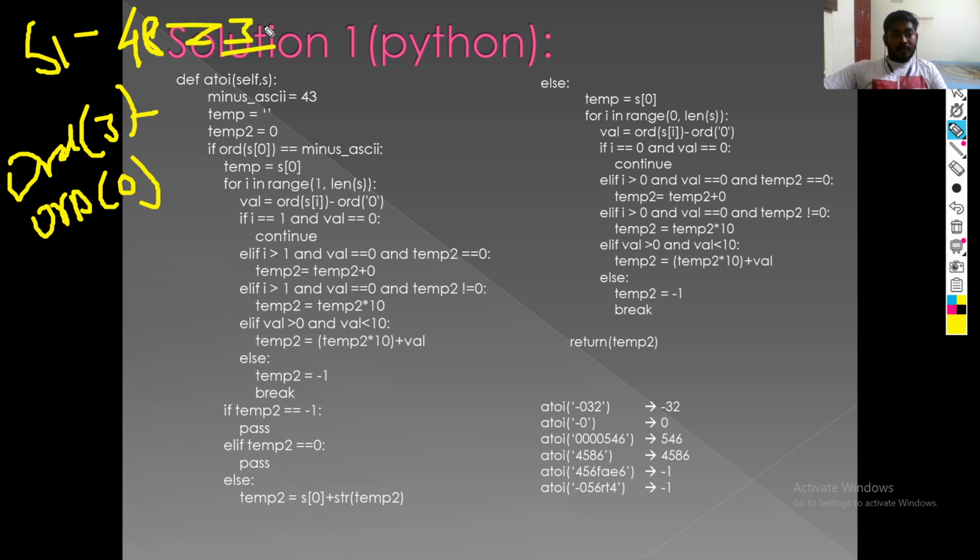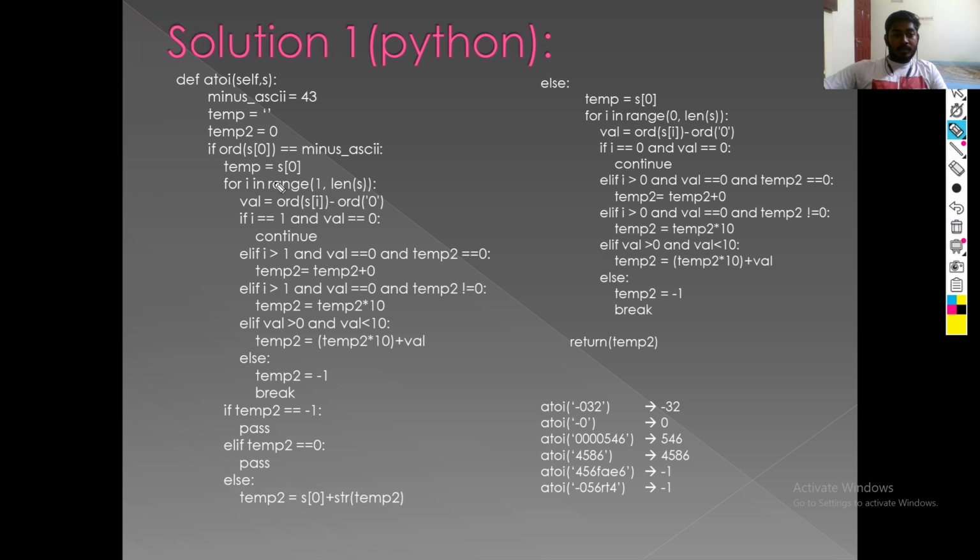So now we get the integer value. This is how it works. If i is equal to 1, we are at the beginning of the string, and val is equal to 0. The reason I am giving this is, if you get a 0 at the beginning, we should not consider it, right?